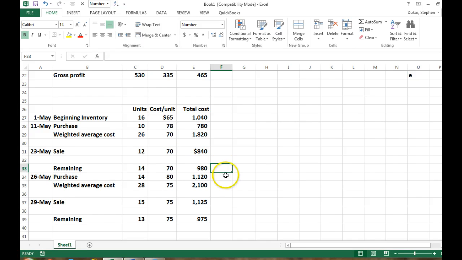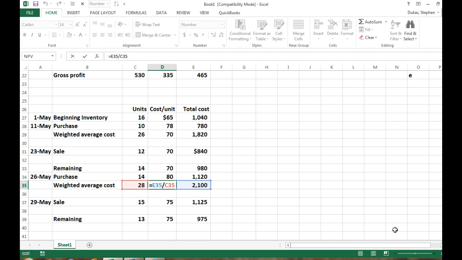On May 26, I purchased 14 units more. That gives me 28. They cost $80 for a total of $1,120. So my total new cost is $980 plus $1,120, which is $2,100. And now my new weighted average cost is $2,100 divided by 28, which equals $75 per unit.